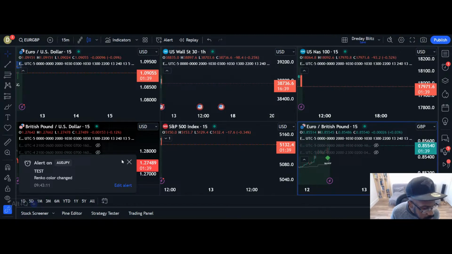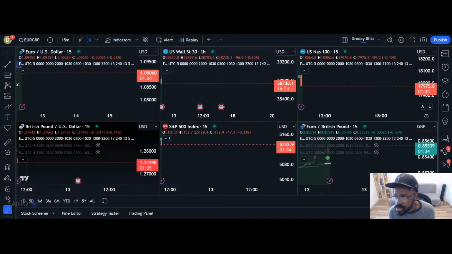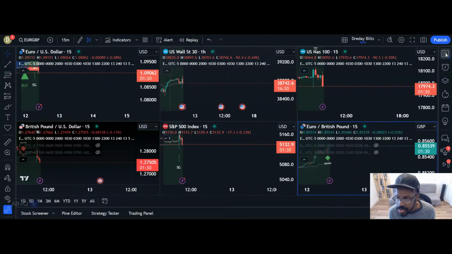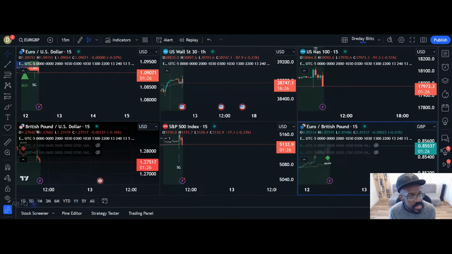So that's the automation. We do have the automation being tested at the same time. I'm testing a few pairs based off of the COT analysis that we did over the weekend, and see how it goes. For now, it's been a little drawdown since Monday, but that's okay.